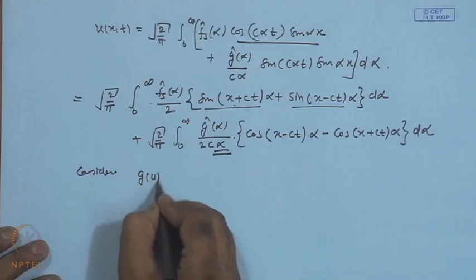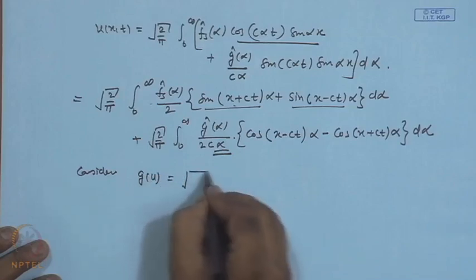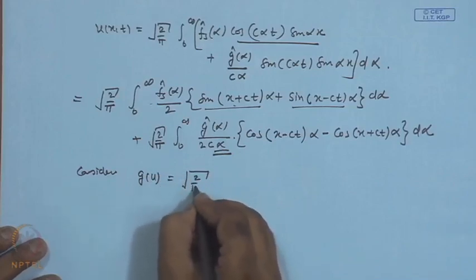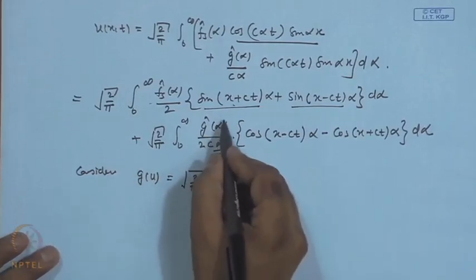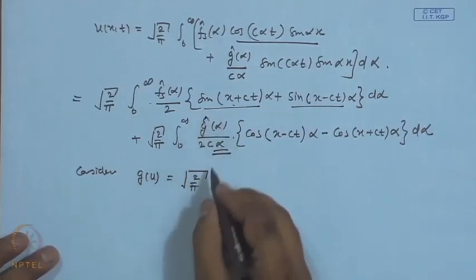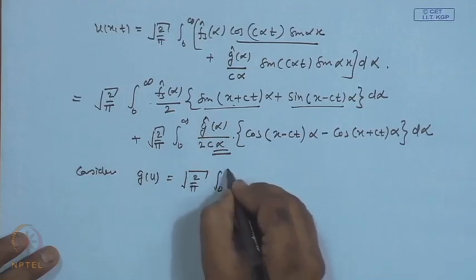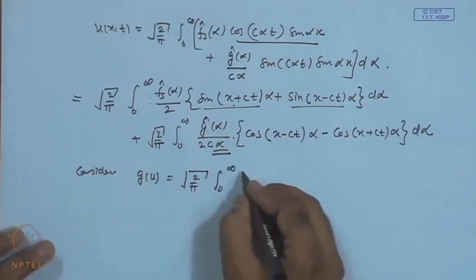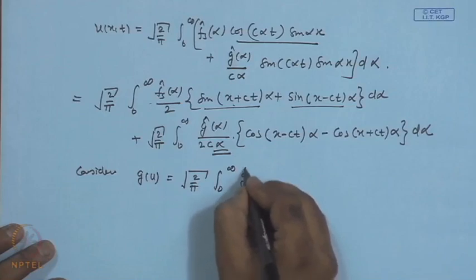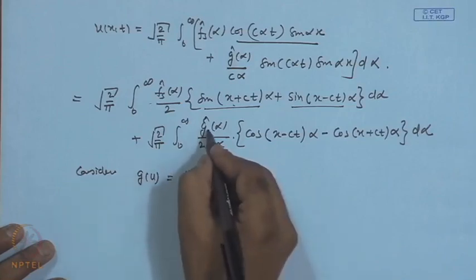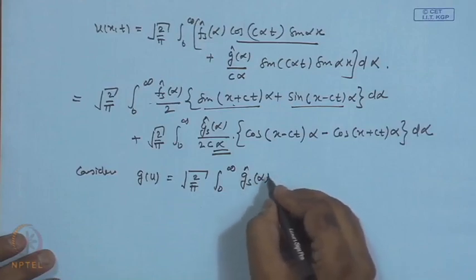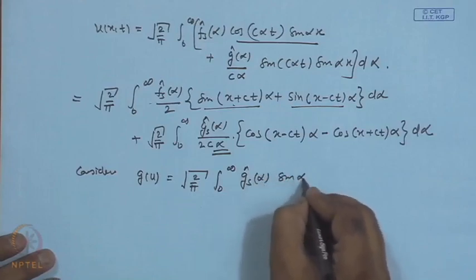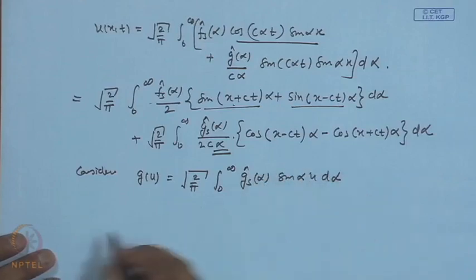So, in this case what we take is, consider a function g(u). So, g(u) is the inverse Fourier sine transform of this g hat(alpha). So, we have the integral from 0 to infinity of g_s hat(alpha), this is all the Fourier sine transform, and then sin(alpha u) d alpha.